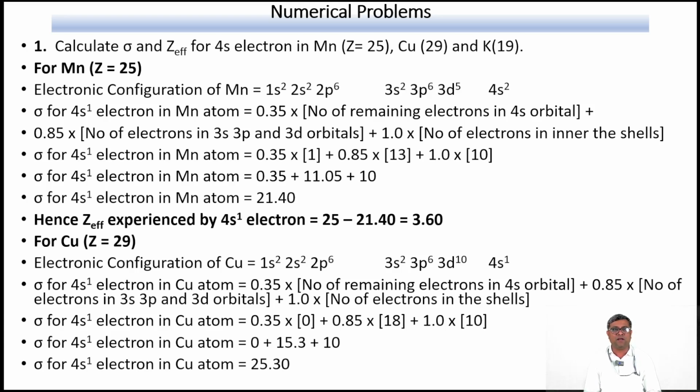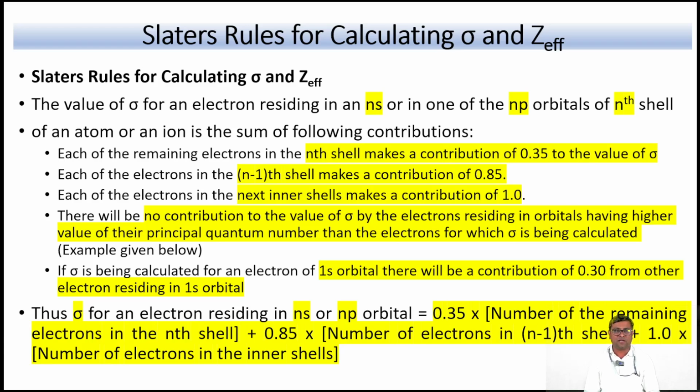Let us calculate as per the Slater rule that we discussed earlier: 0.35 into the number of remaining electrons in the nth shell, plus 0.85 into the number of electrons in the n minus 1th shell, plus 1 into the number of electrons in the inner shells.